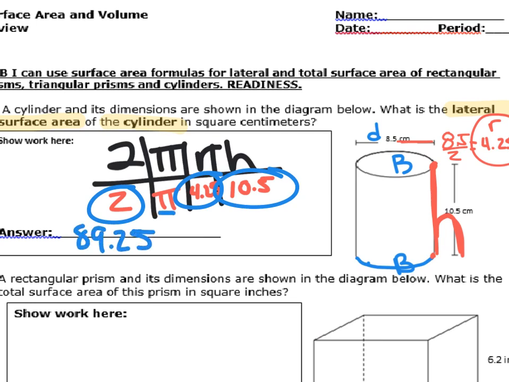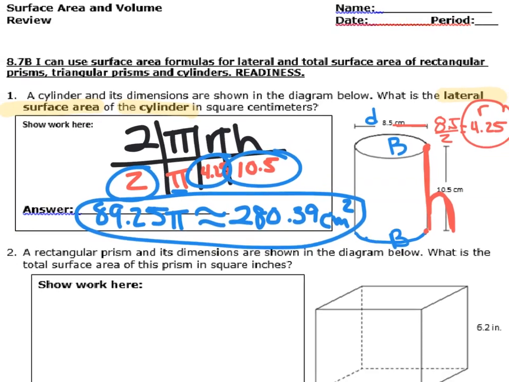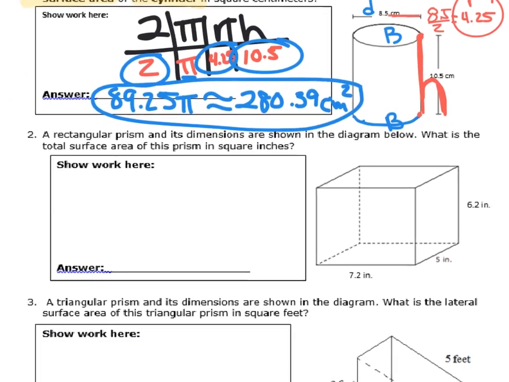I didn't multiply pi, so it's 89.25 pi, which is approximately, so we're going to use our pi button, which is next to the h on the bottom left-hand corner, 280, and then I'm going to round, so it's going to be 0.39 centimeters squared, because we're talking about surface area. So here's my answer in terms of pi, and then my approximate answer.